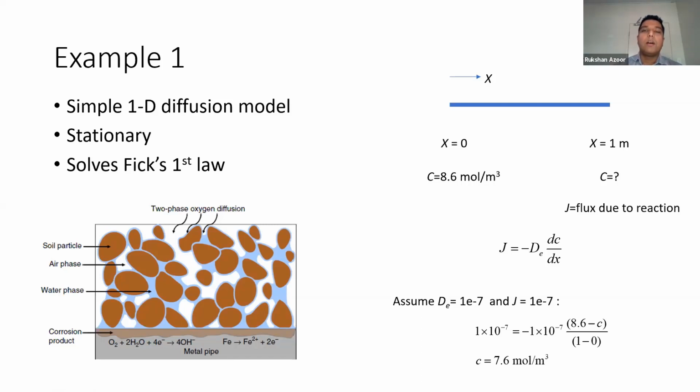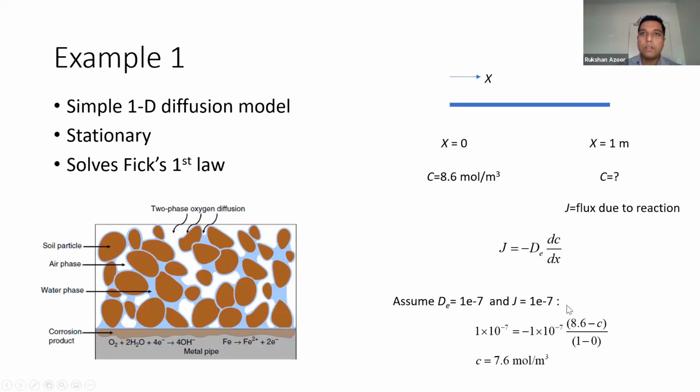Okay. So let's just do a quick numerical calculation. Let's assume that our dE is 10 to the power minus 7, quite a small number. That's the value for soil. And let's also assume that J, the flux, is also the same value. I haven't given the units here, but it's moles per square meter per second.